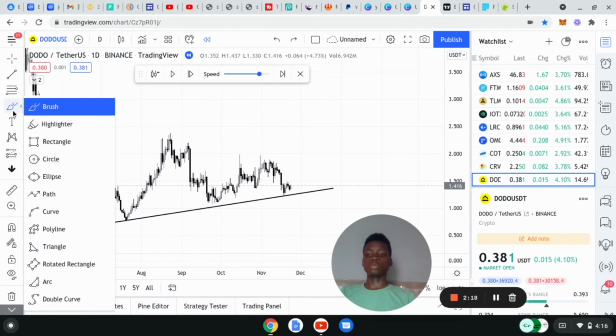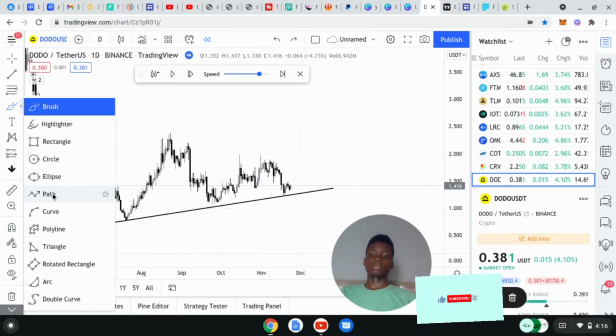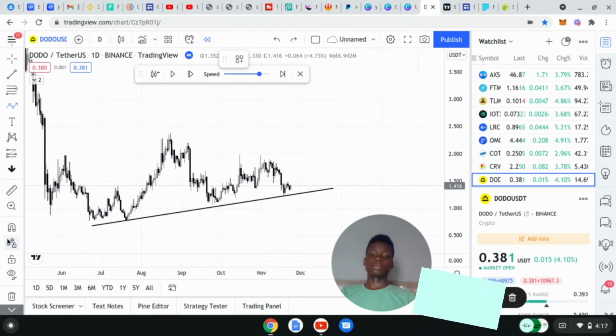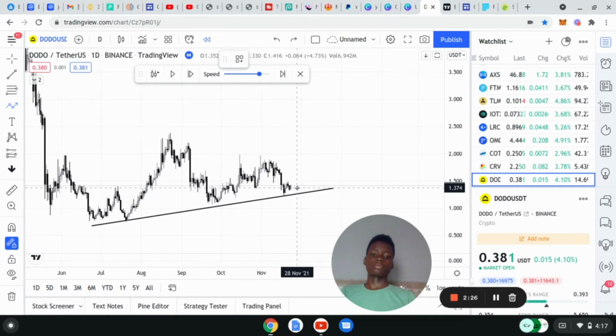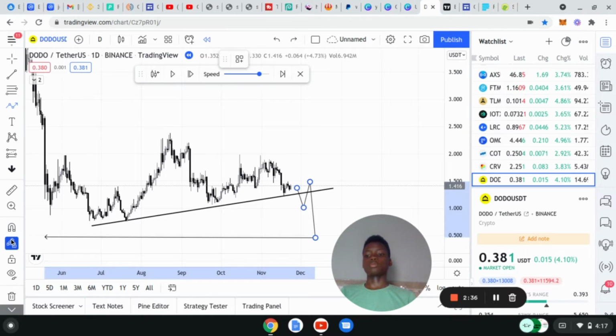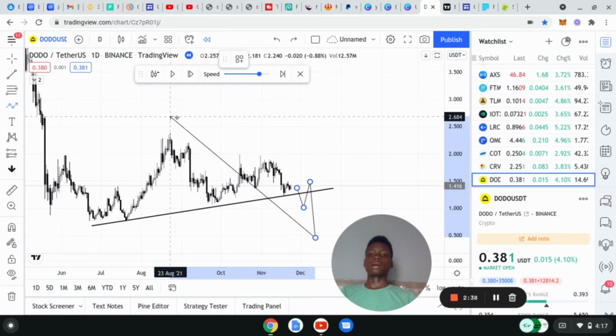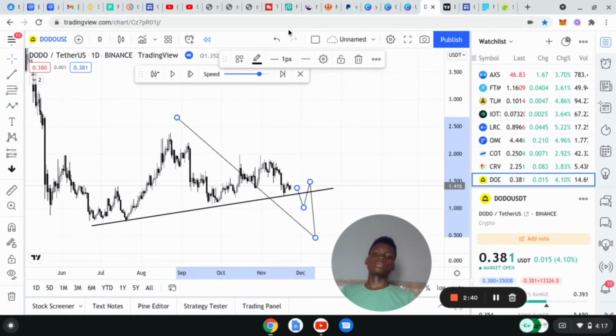But even though, price could still do something like this, and still come down. So it all depends on what price wants to do and where price is heading next.